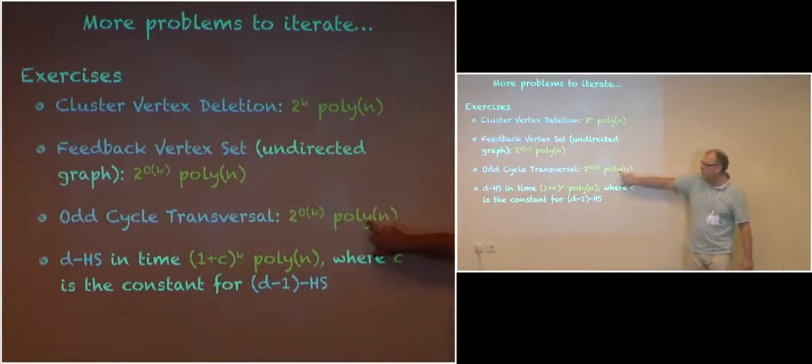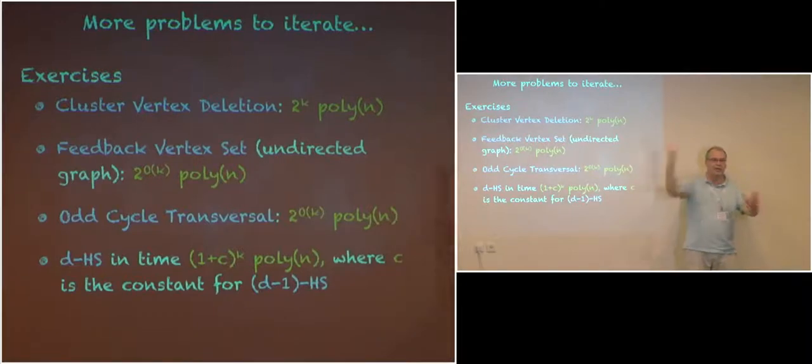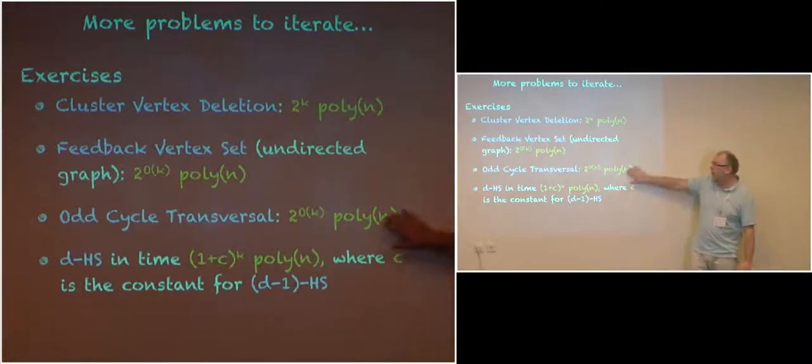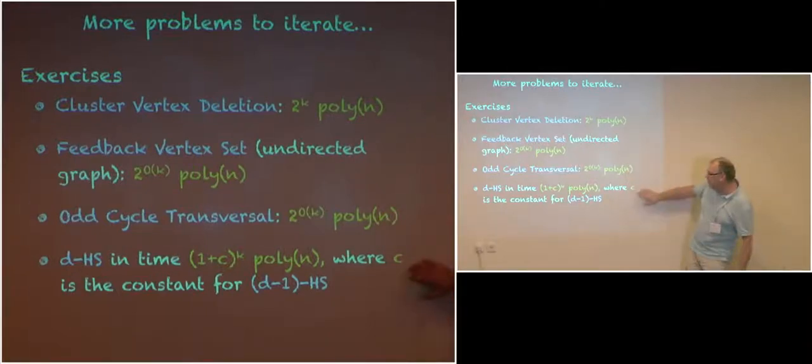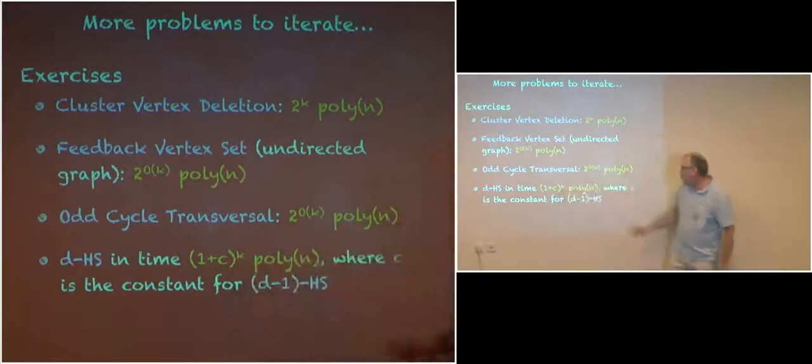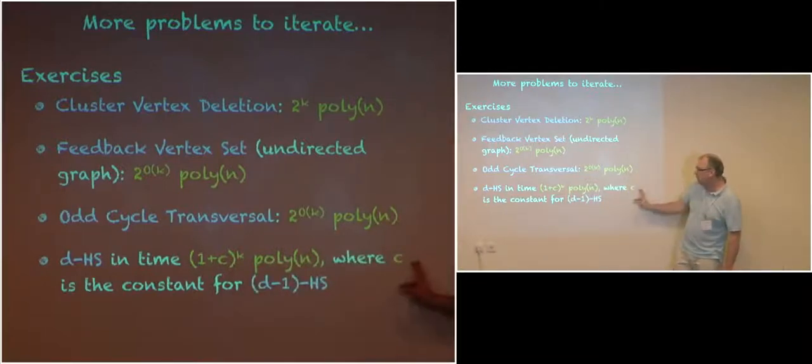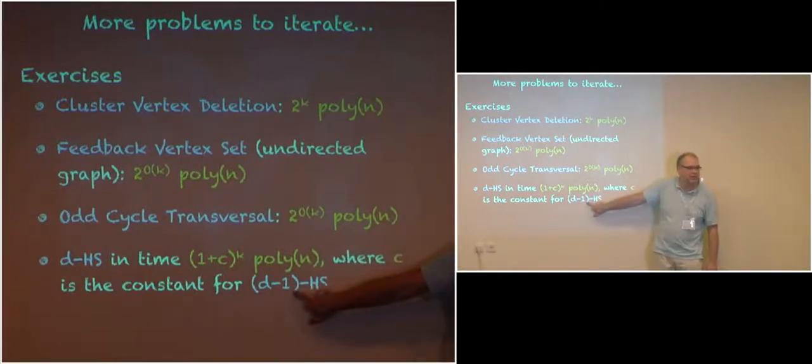Also, odd cycle transversal: I want to kill all odd cycles in my graph, or I want to make my graph bipartite. Also this type of algorithm, iterative compression, and again, it's not an easy problem. You have to think about this, but the reduction is very cute for the disjoint problem. And this one is probably easier. Try to do d-hitting set in running time (1 plus c) to the k, where c to the k is the running time you need to solve (d minus 1)-hitting set.